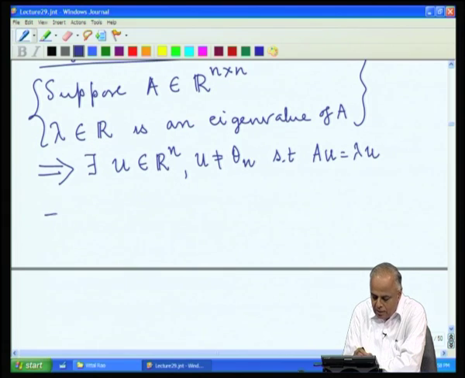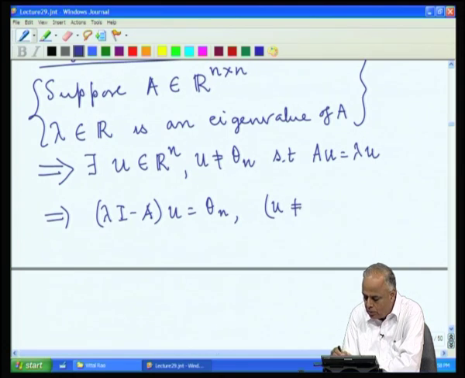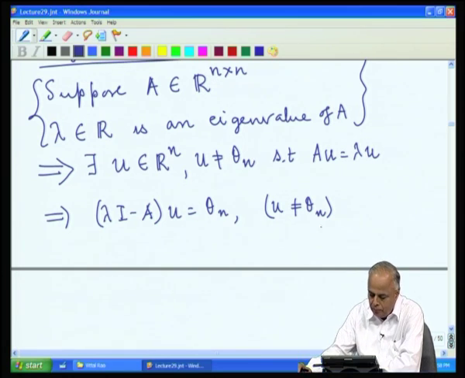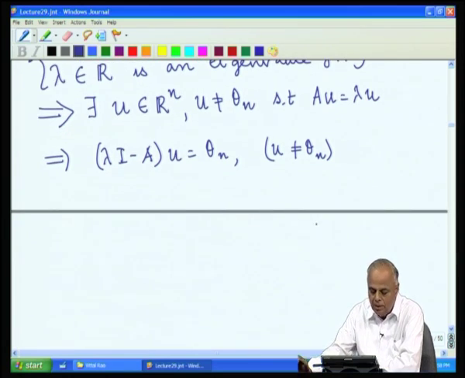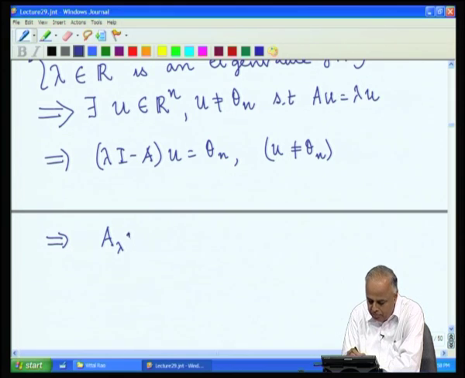An eigenvalue should always have an eigenvector u such that A u equals lambda u. If that is the case, this says (lambda I minus A) u equals theta n, and remember u is non-zero. So, there is a non-zero vector u such that (lambda I minus A) u equals theta n. Now, what does that tell us? Let us call this matrix lambda I minus A, for the time being, A sub lambda.